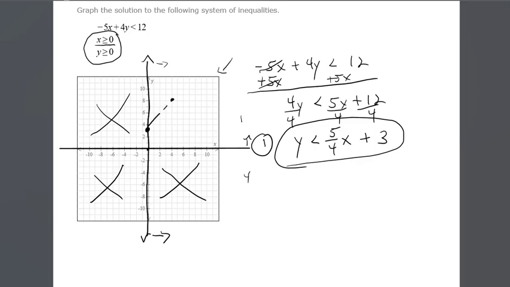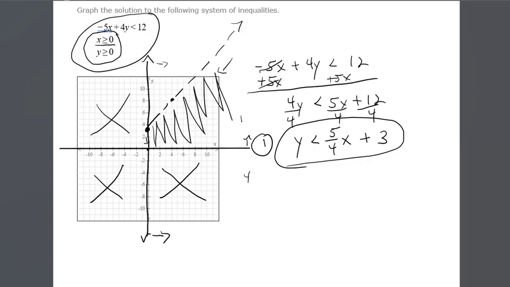And we draw a broken line. Now we indicate where the values of y are less than. So if we come to our y-intercept, it would be below this line. So all of our answers to this system fall within our first quadrant and below that line.